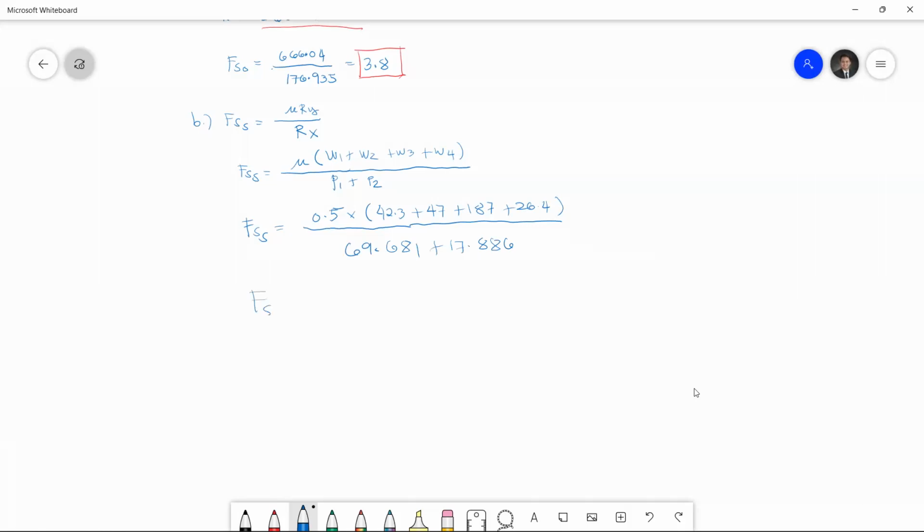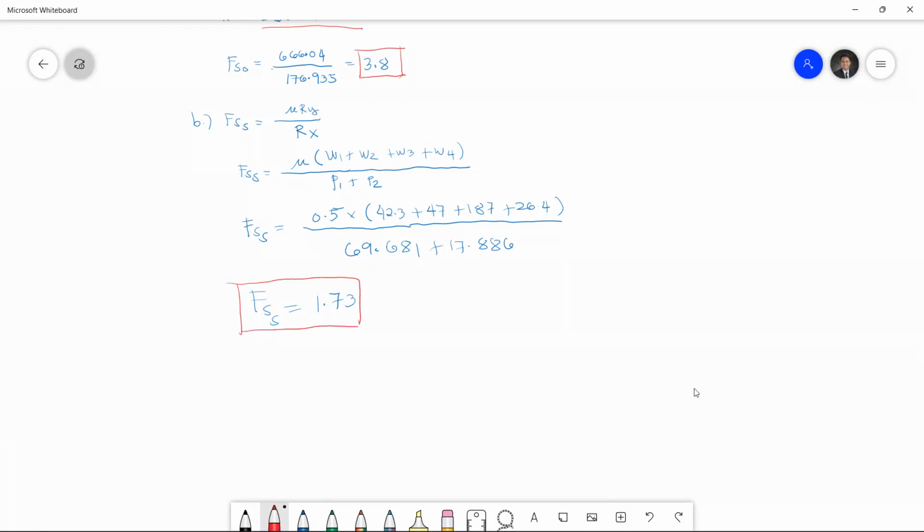The factor of safety against sliding is equal to 1.73. Okay, so this will be our answer for problem B.